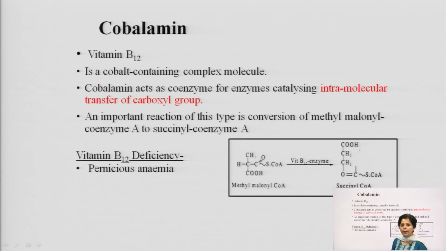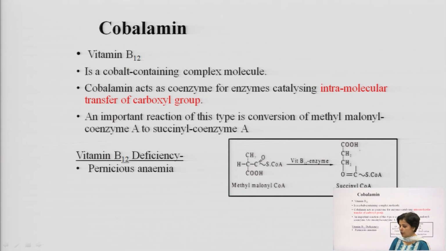Next one is cobalamin, that is vitamin B12. It is a cobalt containing complex molecule. Cobalamin acts as a coenzyme for the enzymes catalyzing intramolecular transfer of the carboxyl group.